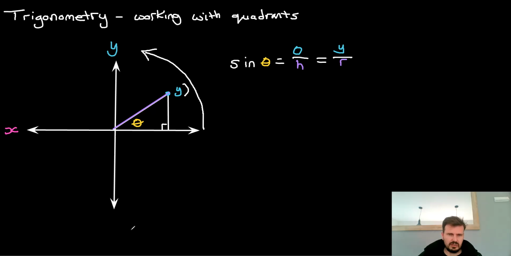And then your cos theta would equal your adjacent over your hypotenuse.